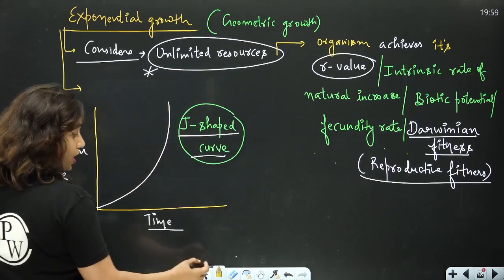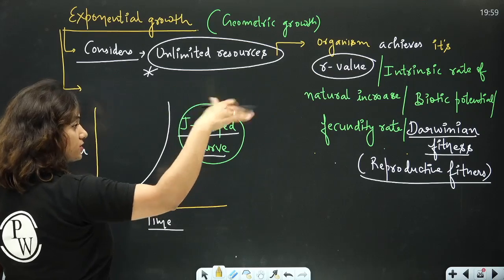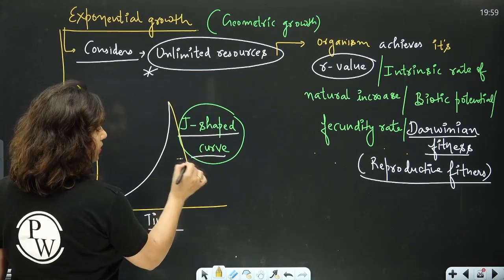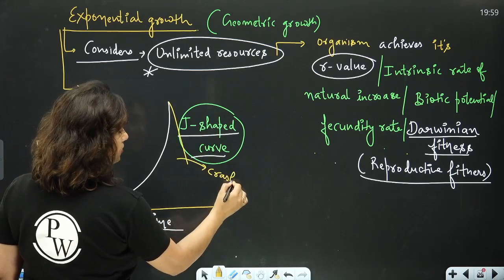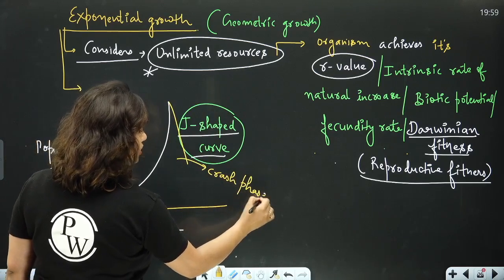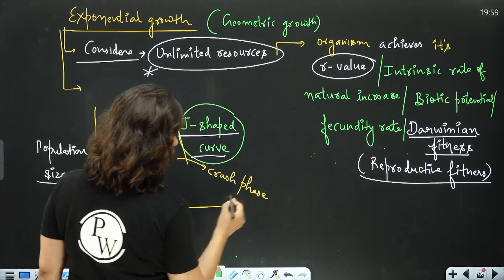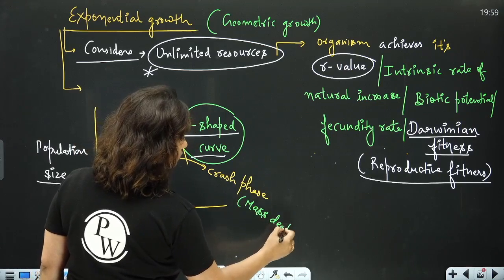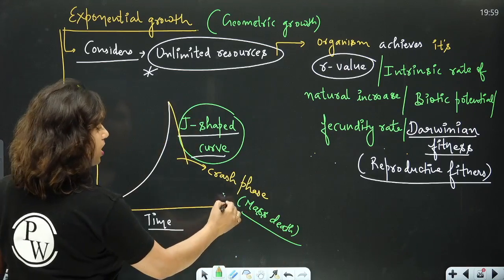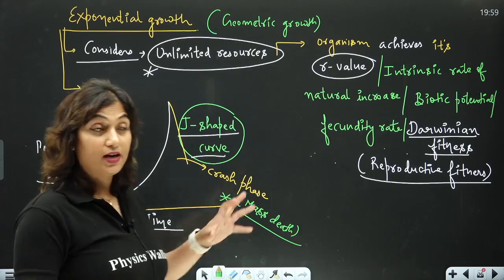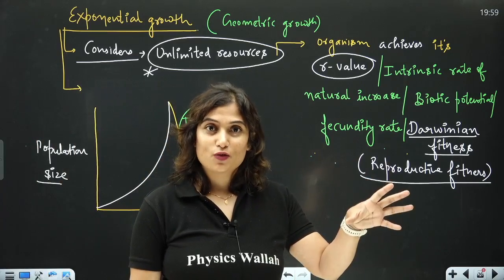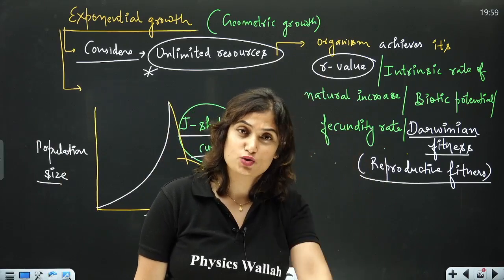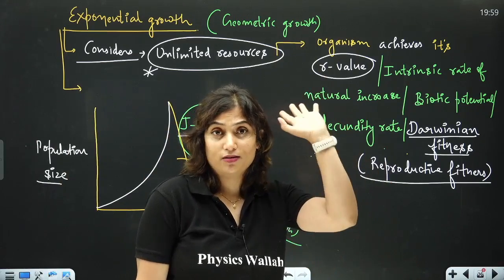But when those unlimited resources get away, then there is a mass death. So then there will be a crash phase, and this crash phase shows mass death. When the rainy season gets over, the population of insects gets reduced like this. So mass death, crash phase, because unlimited resources are gone.